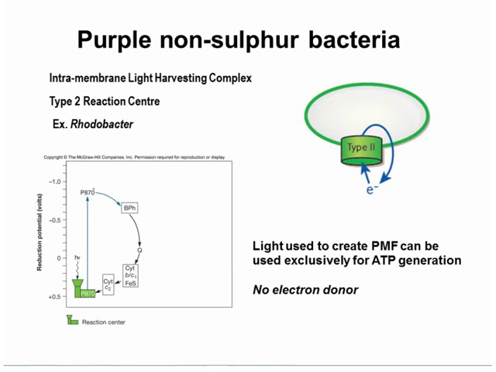So it's doing the same thing as in the halobacterium, the archaebacteria. So once again, these purple non-sulfur bacteria, if they have organic carbon and oxygen, they'll grow as heterotrophs. If they have low oxygen conditions but light, then they will express their photosystem 2 and use this to get ATP.